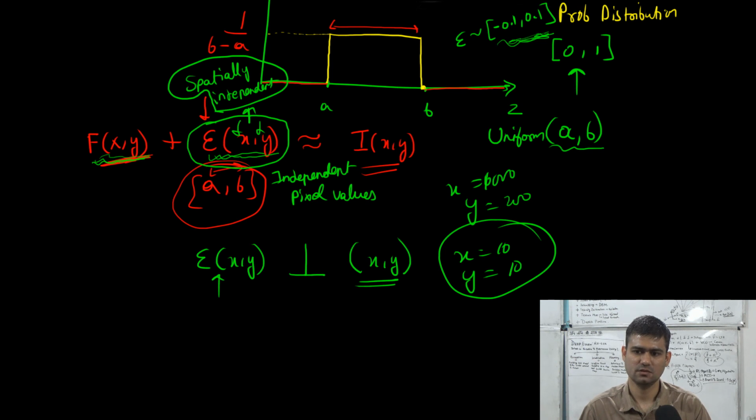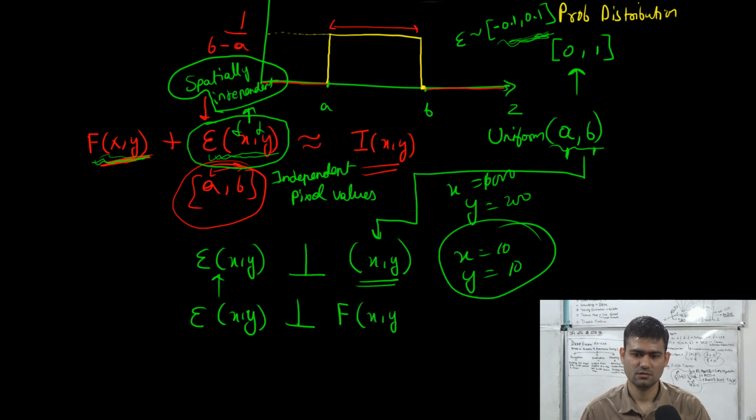And this A and B is independent of the location in the image, and it is independent of the pixel values. So we also assume that epsilon x comma y is independent of the pixel value and of x comma y.